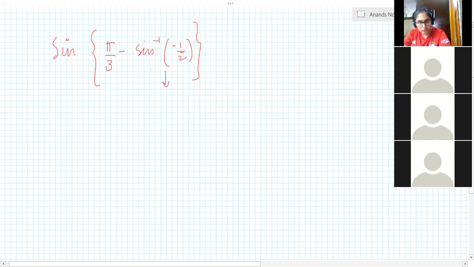You have to find the principal value of sine inverse of minus half first. So you say let sine inverse of minus half equal theta.